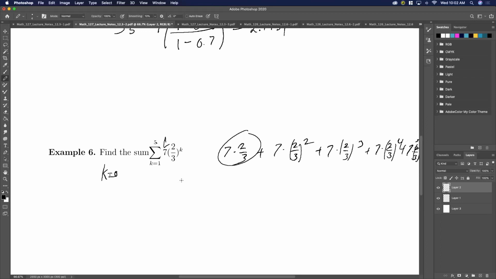And so our first term here is really 7 times 2/3, so it would be 14 thirds. That's really our first term. And so when we do S_n of our thing, it's 14 thirds. Now, if k was 0, we would use 7 to be our first one. Does everyone see why that is?